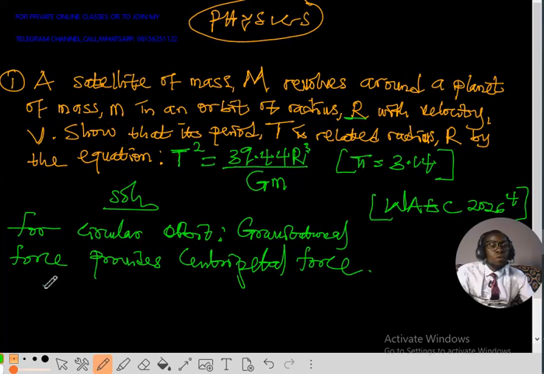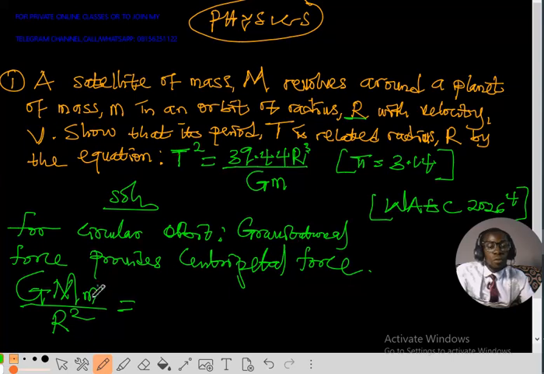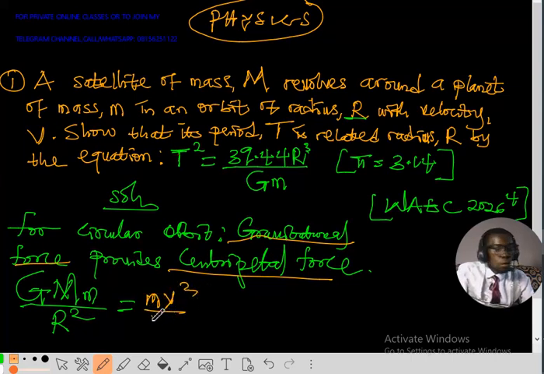Now, the gravitational force is G capital M small m over r squared, and the centripetal force is m v squared over r. So the gravitational force equals the centripetal force.